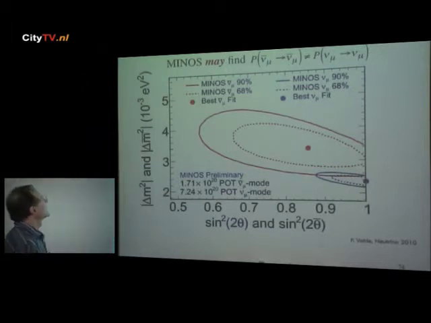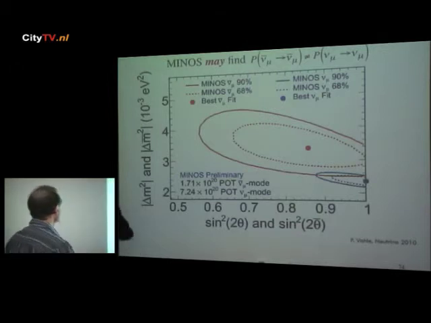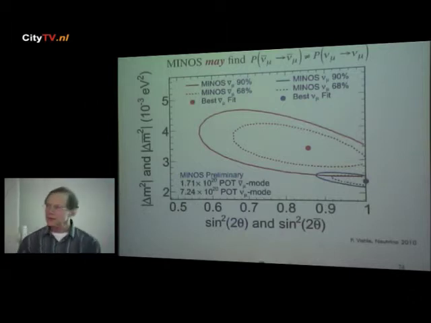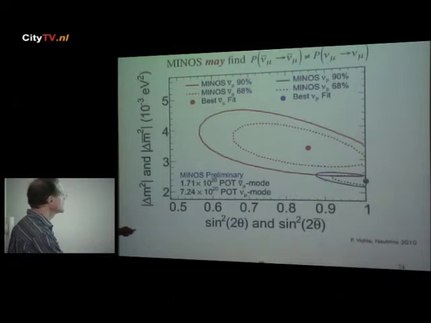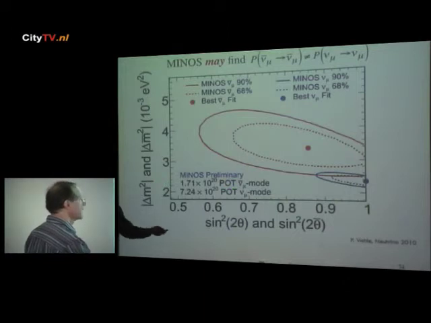Now, everybody expected that these two probabilities would be the same as each other, but experimentally, maybe they're not. In those two parameters that I was just referring to, in blue here is the allowed region for the neutrino data, the allowed region in delta m squared and in sine squared 2 theta.